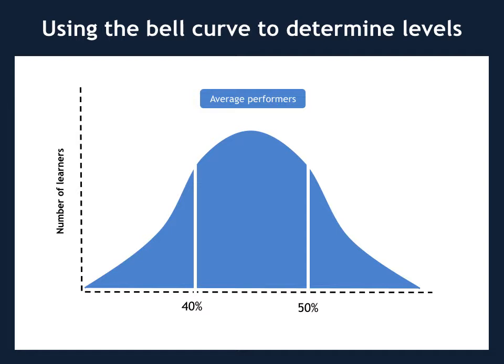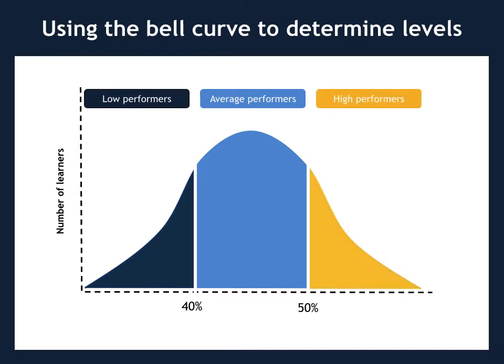So you want to make your can and can't do level in the middle, and that's where the majority of the learners sit, between 40 and 50%. What this also means is those are your average performers. Now, of course, you've got your lower performers, where there are fewer lower performers, and then you've got your high performers, where there are fewer high performers.